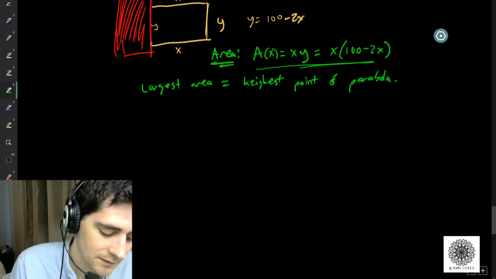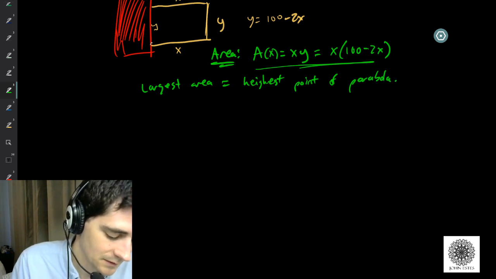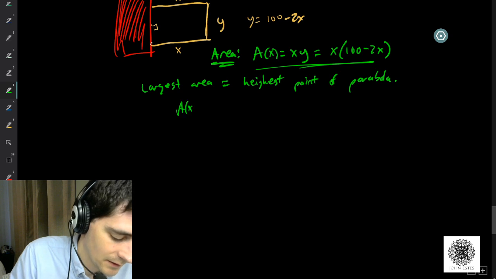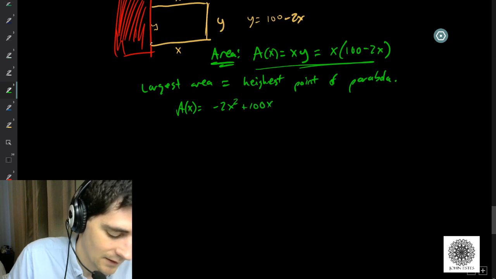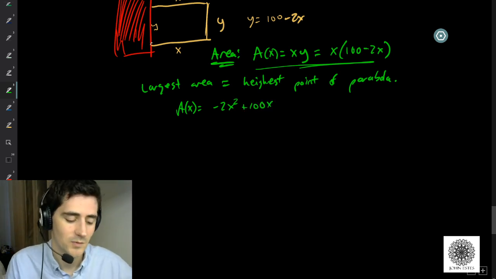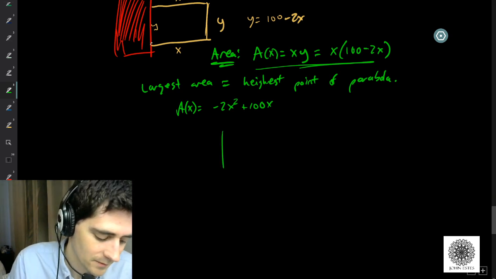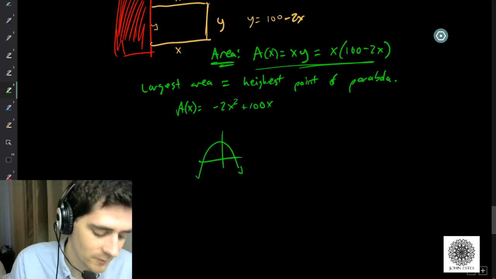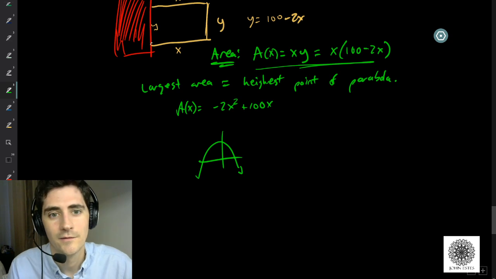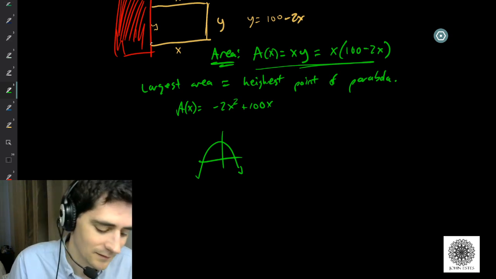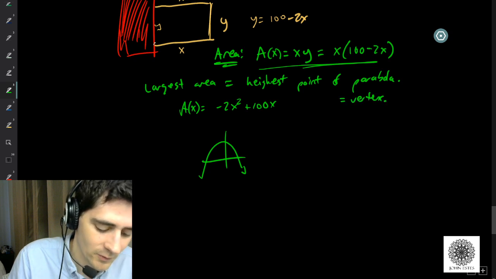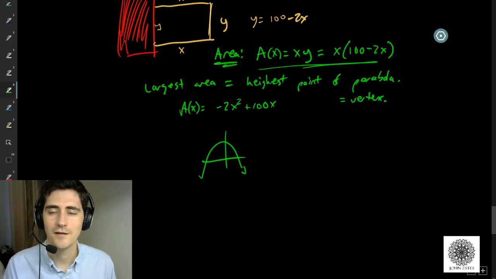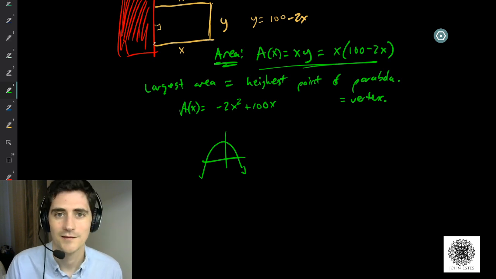Notice if I had taken my area function and distributed out the x, I would have ended up with negative 2x squared plus 100x. So this is a downward facing parabola. This parabola does something like this somewhere, and so the vertex is the highest point. The point that will maximize the area is the vertex.